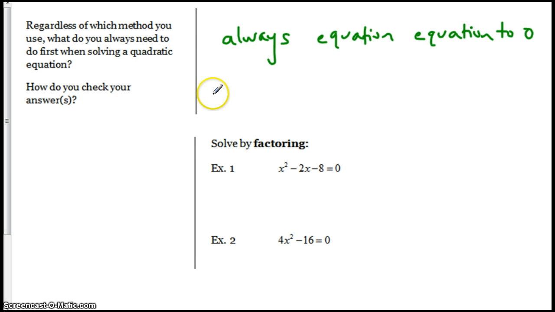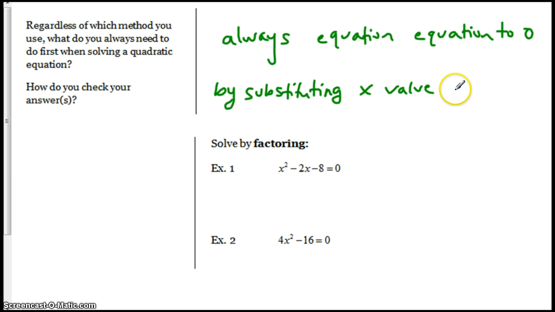When they're real answers, you can check them by substituting them into the equation. You substitute the x value into the equation and you should get y equals 0. That's how you always check.